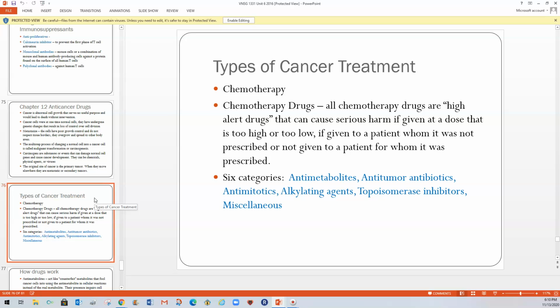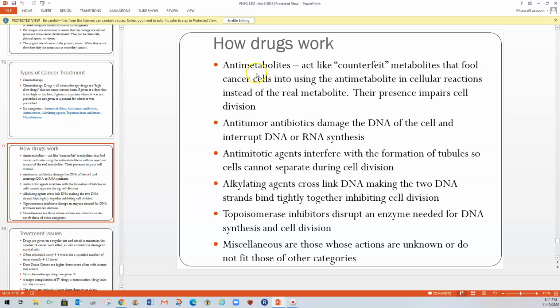On page 196, table 12.2, chemotherapy drug categories, and some of the, I don't know if you'd call them common, but some of the names of the drugs that you might hear of. So, of course, chemotherapy is the treatment of choice. And antimetabolites, you need to know this right here.